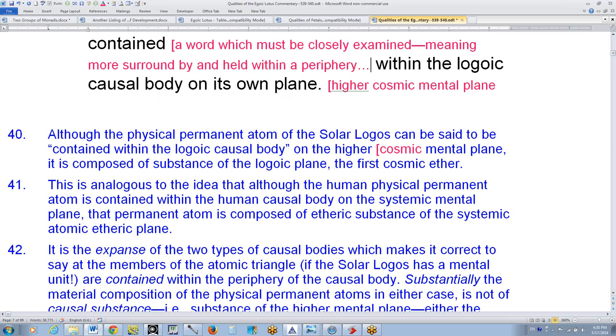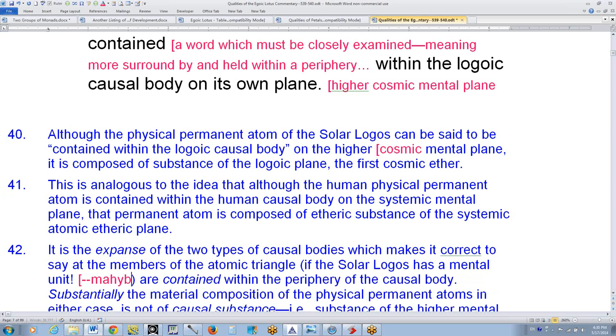So it is the expanse of the two types of causal bodies which makes it correct to say that the members of the atomic triangle, if the solar logos has a mental unit, and I think it does, I think it's sometimes considered to be the Earth, interestingly enough, and Venus, the monadic permanent atom, sometimes. Maybe the Earth.